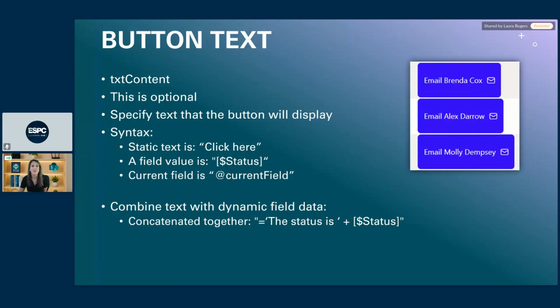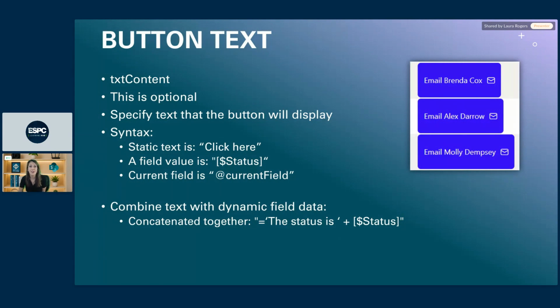You can have a field value, and in this example, I'm referring to another field called status. So it's got this little dollar sign syntax here. If you want to refer to another column other than the column that the button is in, you refer to the system name of it that way.